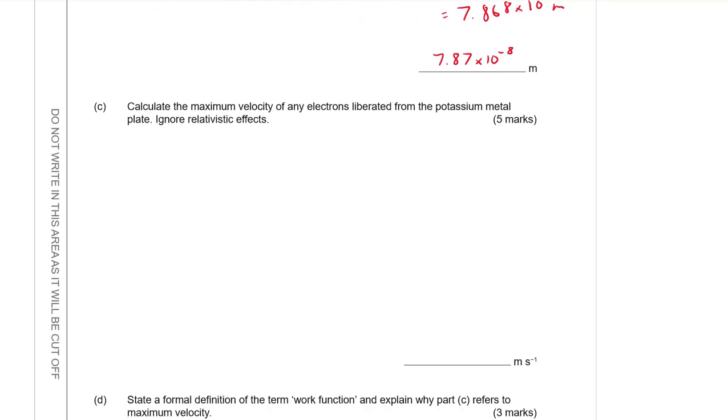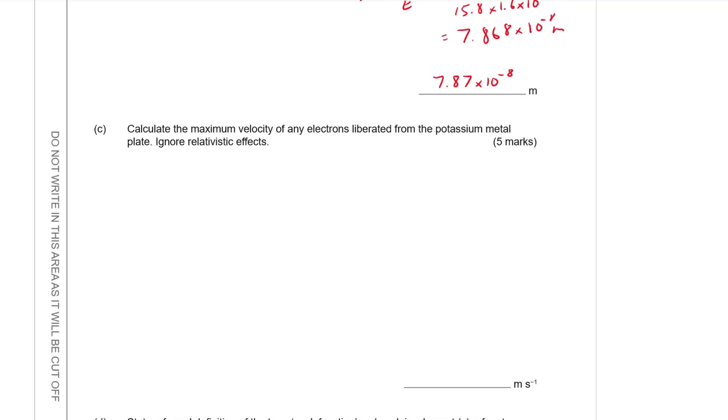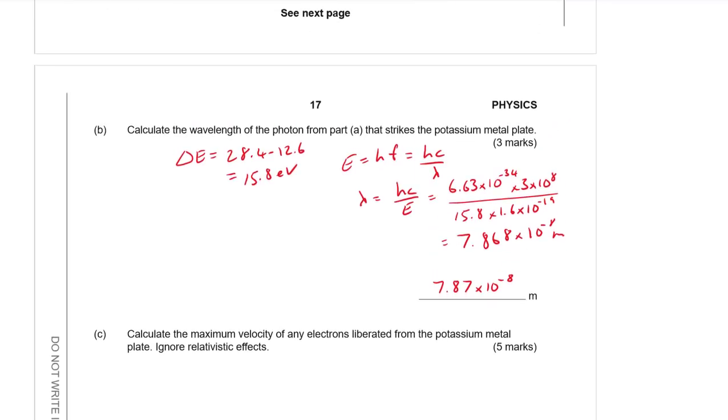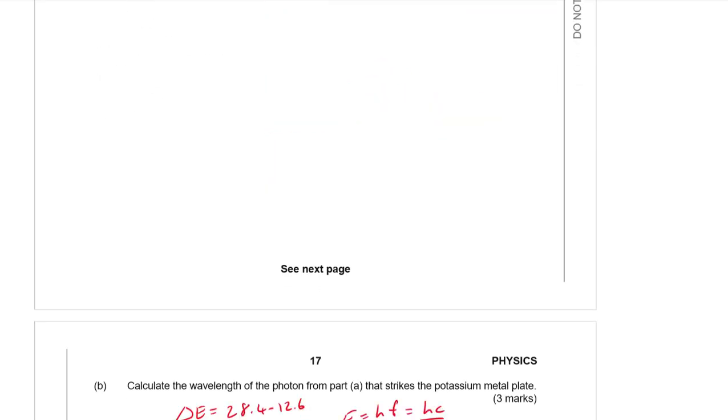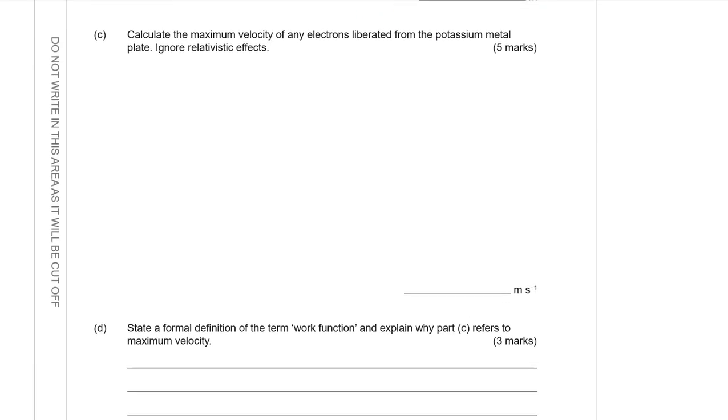And with part C, calculate the maximum velocity of any electrons liberated from the potassium metal plates. Now we're going into the photoelectric effect. So the work function here is given as 2 electron volts. So we would solve this by coming down here.